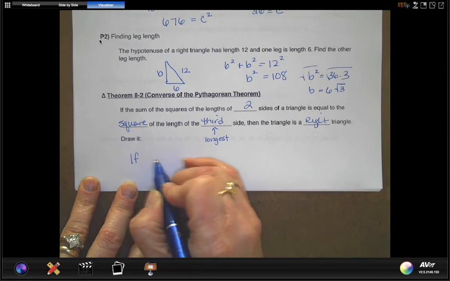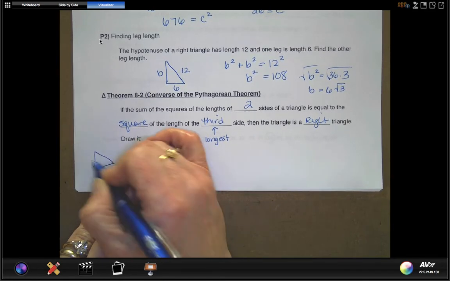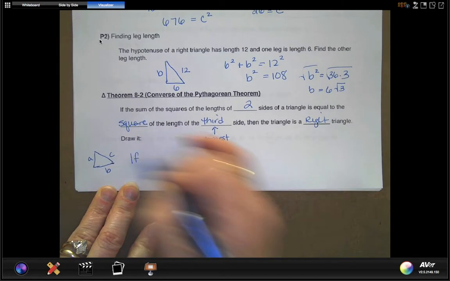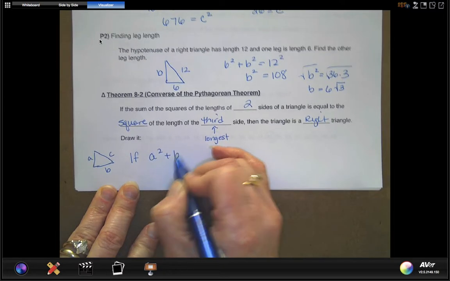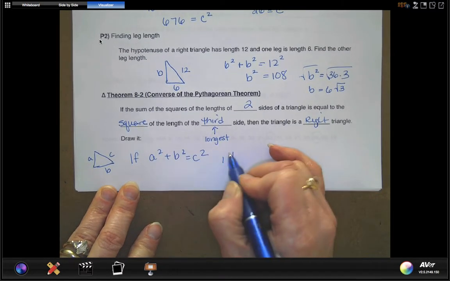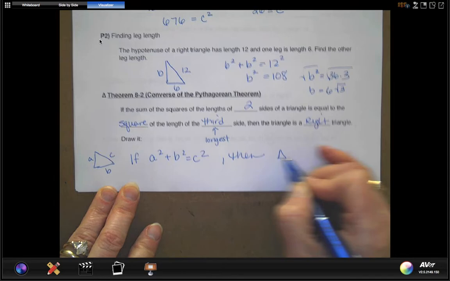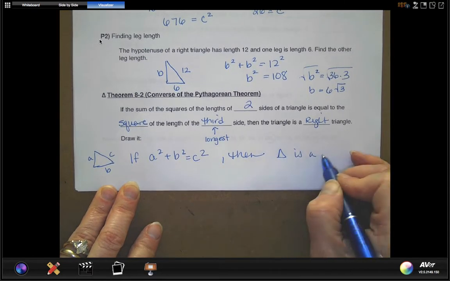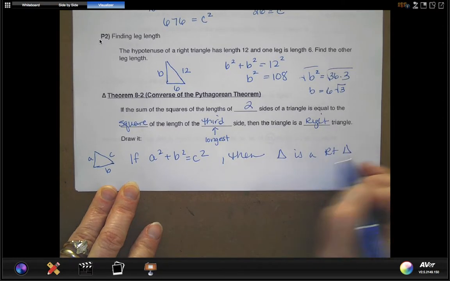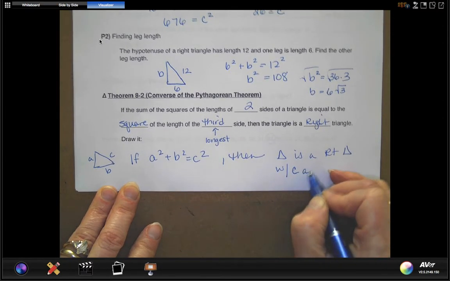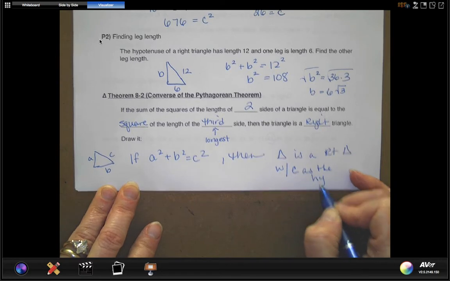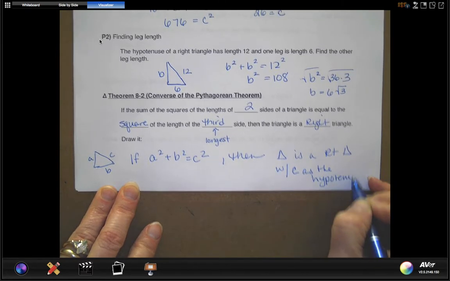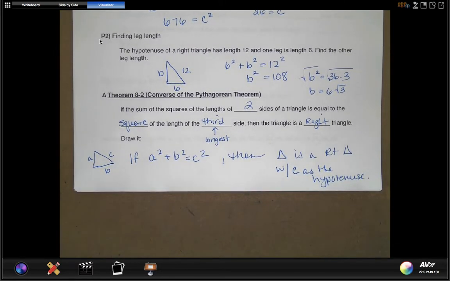So here I have a triangle, A, B, C. So if A squared plus B squared is equal to C squared, then the triangle is a right triangle with C as the hypotenuse. Okay?